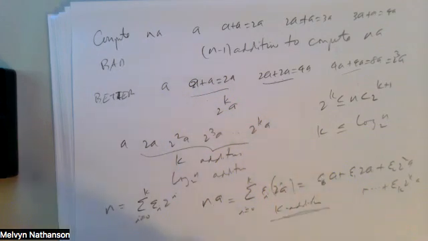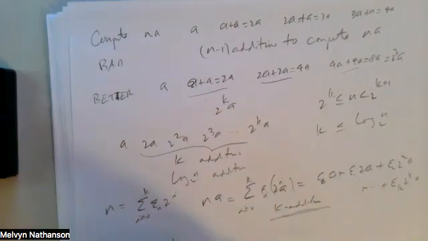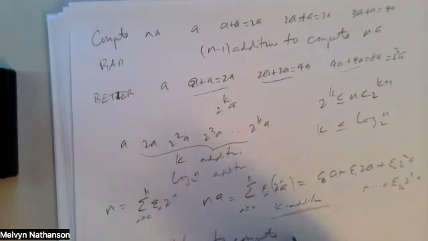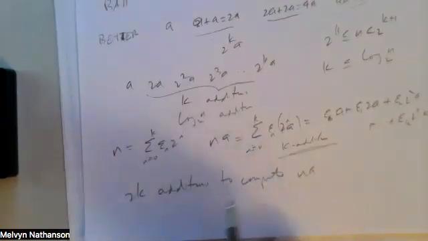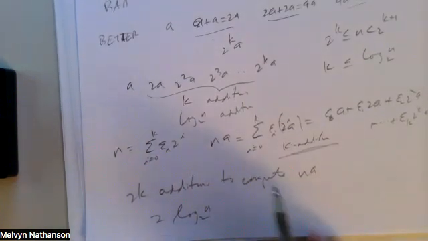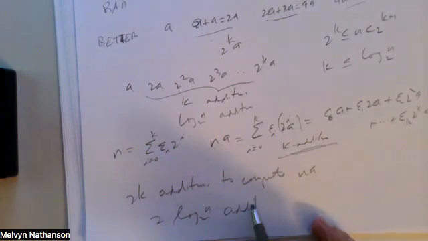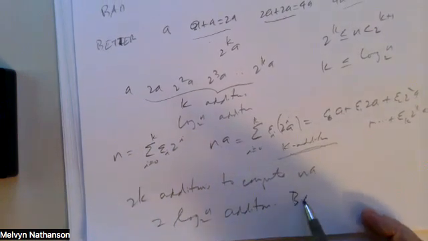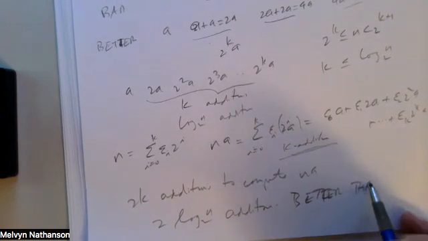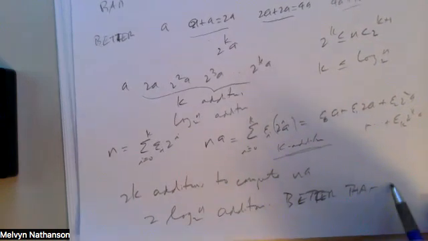So altogether, 2k additions to compute na, which is at most 2 log n to the base 2 additions, which is much better than n additions.